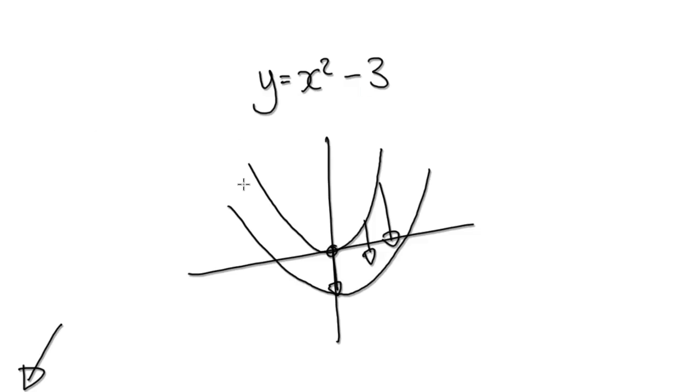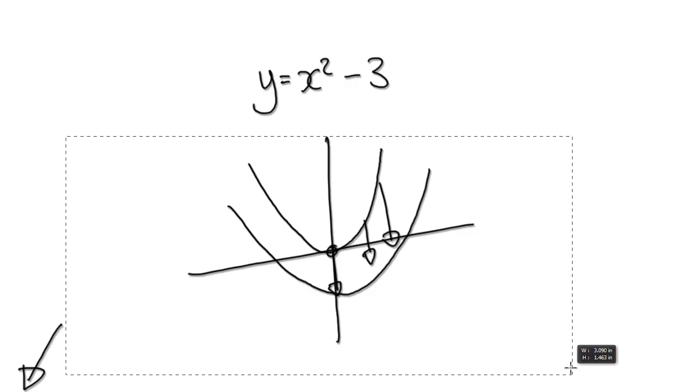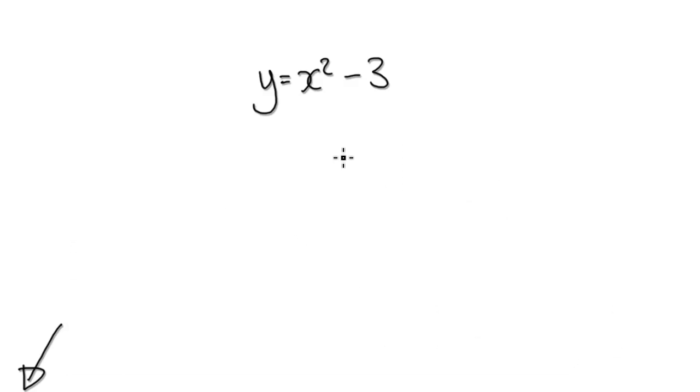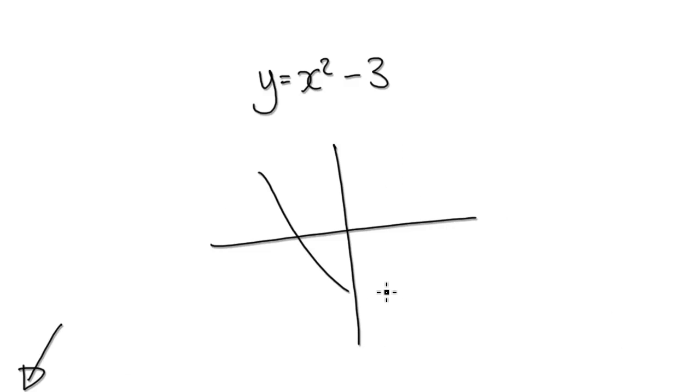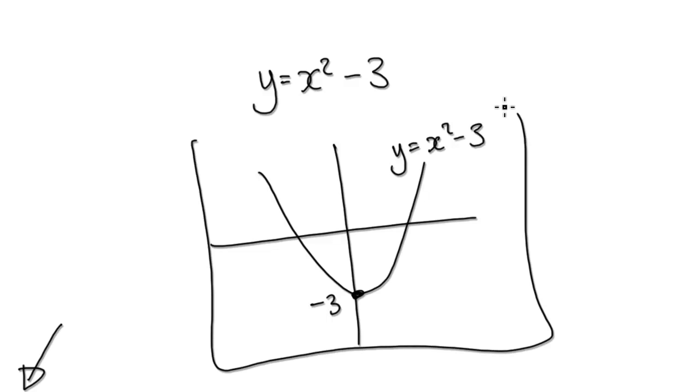When you come to do something like this, just draw it like this, and then label this as -3, and then your equation here, x squared minus 3. Okay, so this would be your final answer.